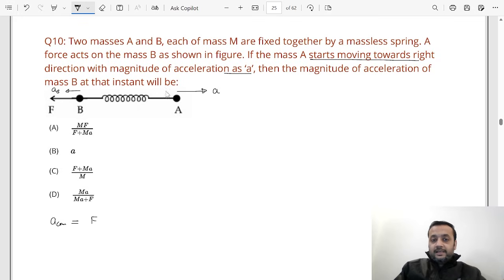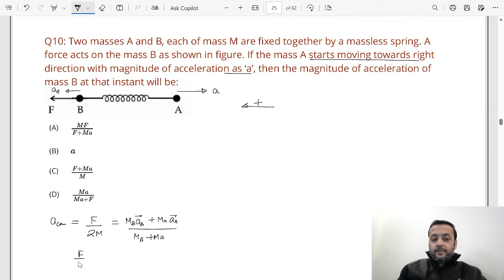So external force on the entire system is F, F upon total mass, which is 2m. So this is the acceleration of center of mass towards left. Now if I take left as positive direction, we can also say that acceleration of center of mass can also be written as mass of B into acceleration of B, plus mass of A into acceleration of A, divided by mass of B plus mass of A, right?